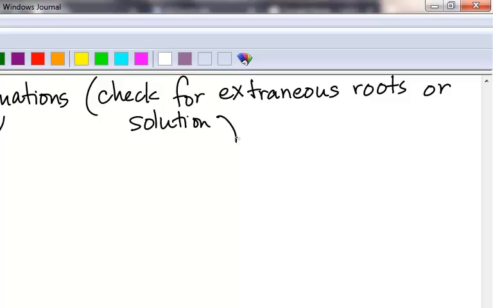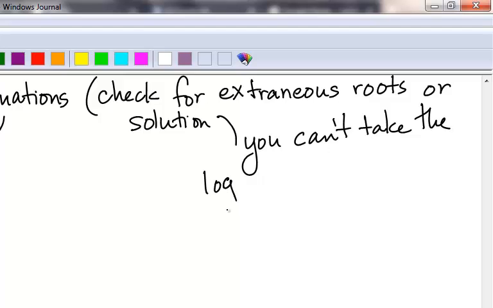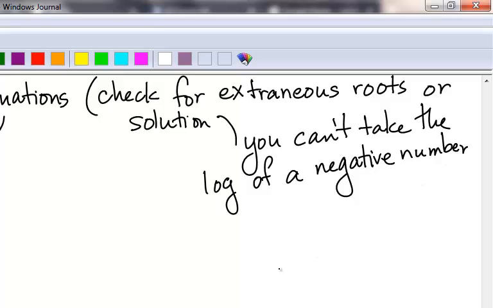Okay, and basically that means you can't take the log of a negative number. So you basically on these you got to at least check your answer. Okay.